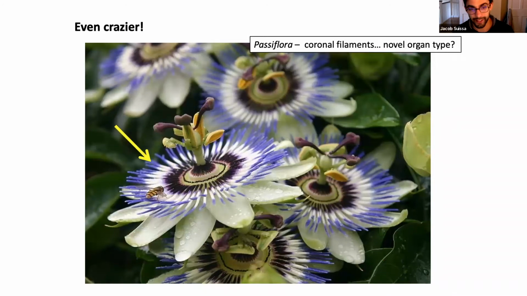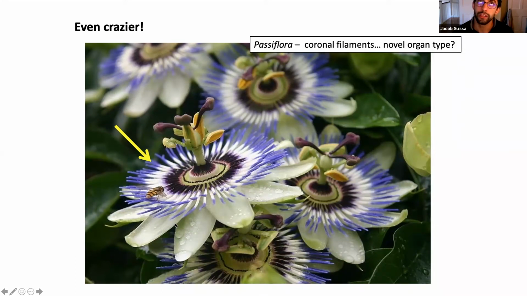Yeah, and then you have some weird flowers. This is passion fruit or passion flower. If you've ever seen this, the fruit is delicious and the flowers are insane. It's such a weird structure. You have these whorls of what we call tepals, which I didn't talk about.